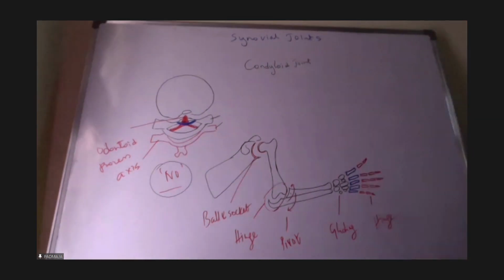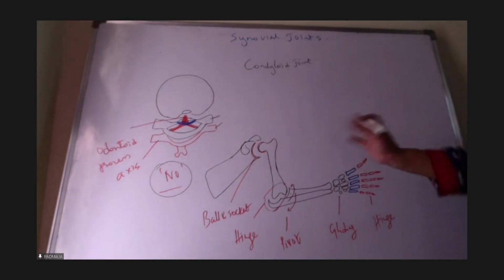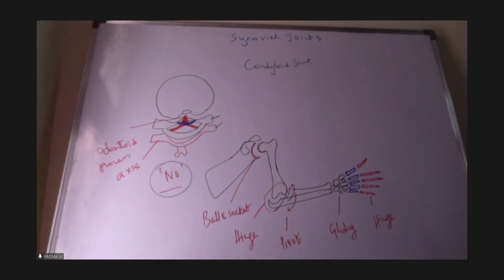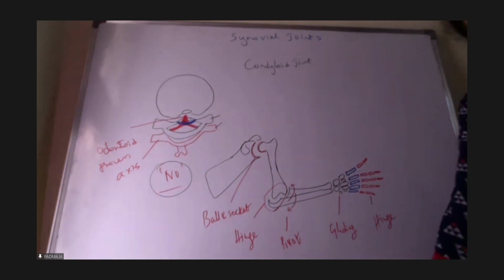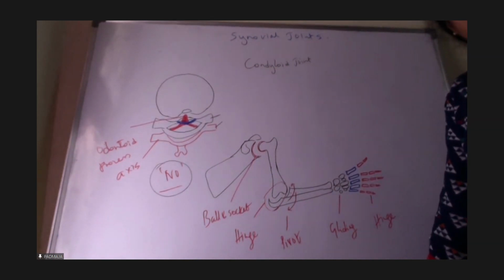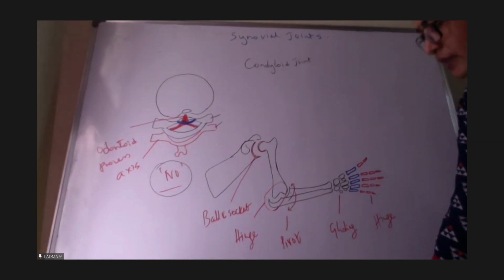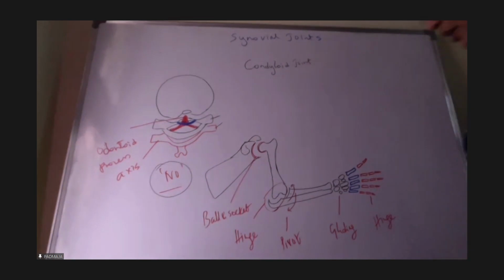Condyloid joint first. Within the diagram, we can go through that condyloid joint. Good. Yes, now let us see what those condyloid joints are.